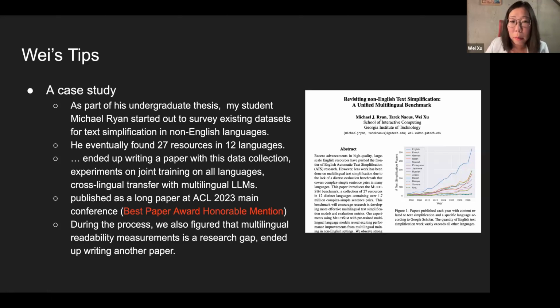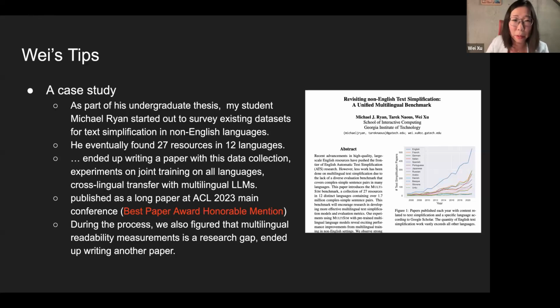So we ended up not only writing a survey paper, but rather a pretty interesting dataset and analysis paper to make all these resources easy for people to use. Michael wrote all the data loaders to put them into a uniform format that is very easy to run experiments on.